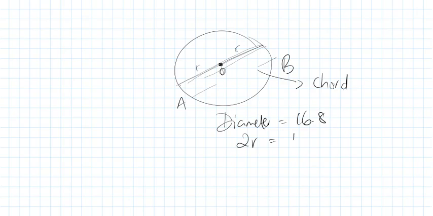So 2 times the radius is 16.8. So the radius will be 16.8 divided by 2. Okay, and since it's paper 1, 2 goes into 16, 8, 2 goes into 4, into 8, 4 times. Is that what you got? Yes, I got the exact one. So that's it.